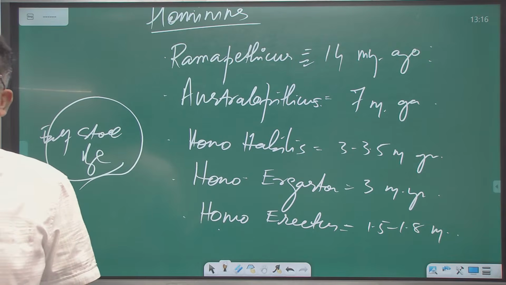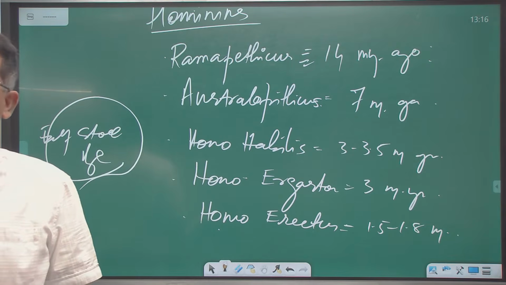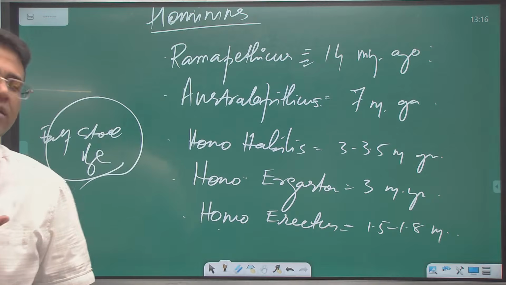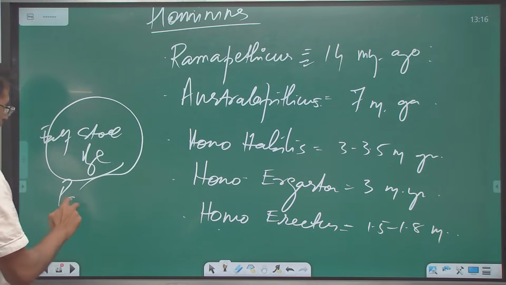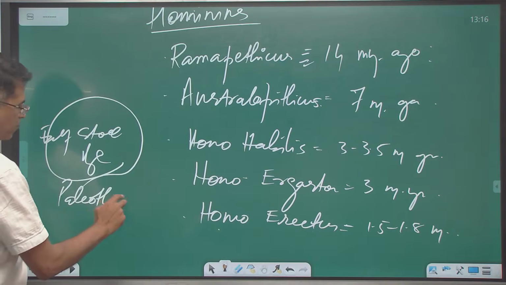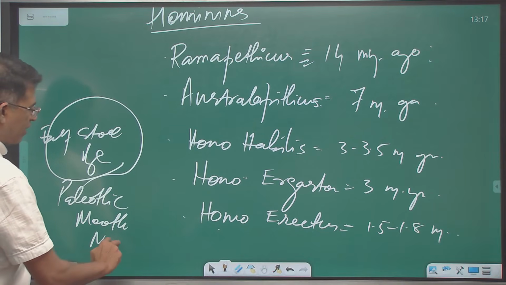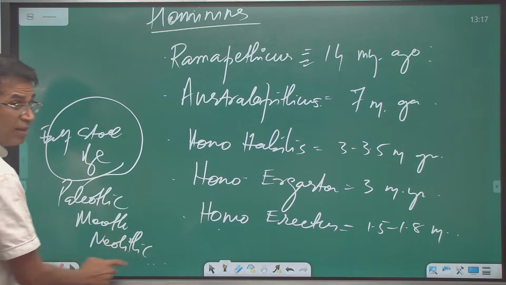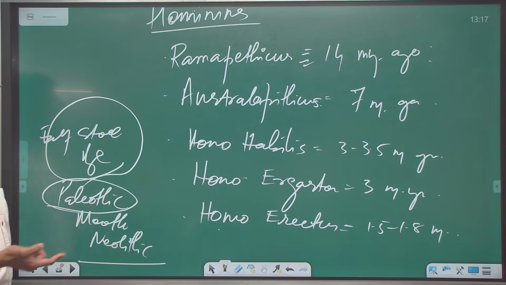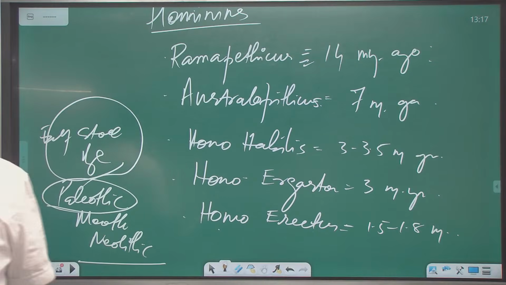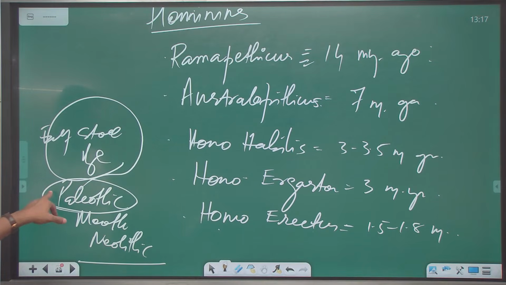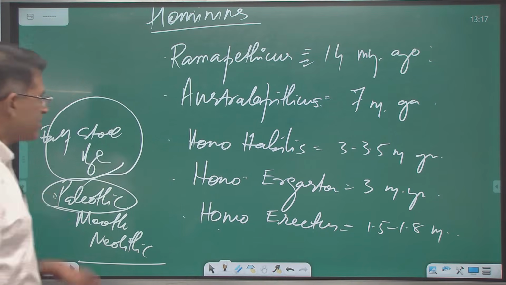How many years ago? This is the Paleolithic times. We have Mesolithic times. We have Neolithic times. ये टर्म सुना है राइट आपने? इसमें कौन था? Paleolithic is this.